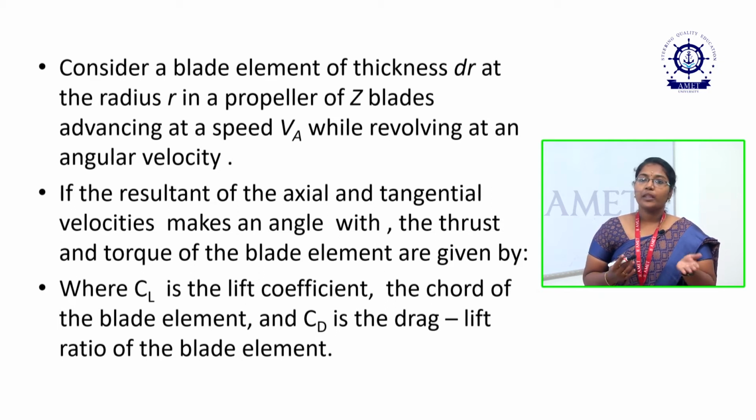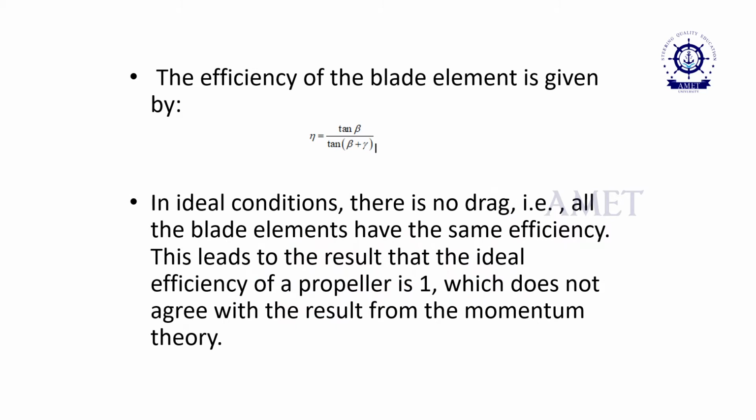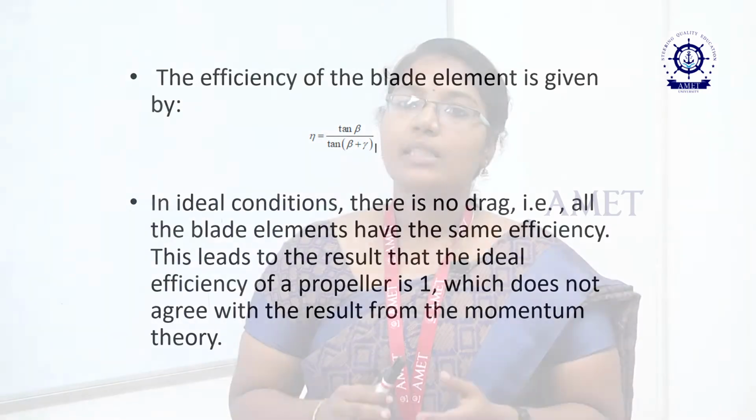Beta needs to be calculated by beta equal to tan inverse of Va by 2 pi n r, and we will be calculating the efficiency without considering the induced velocities. So, without induced velocity, the efficiency we arrive at is eta equal to tan beta divided by tan beta plus gamma.